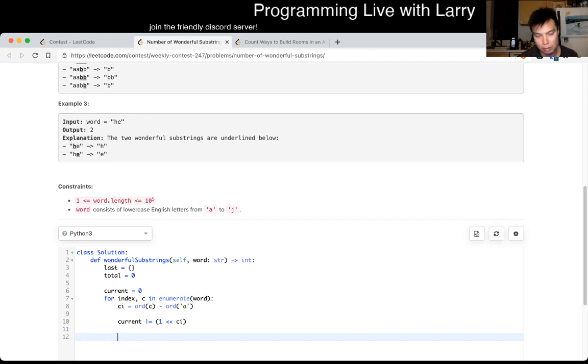No. No, this isn't right either. What does it mean? Yes, it is. I see.